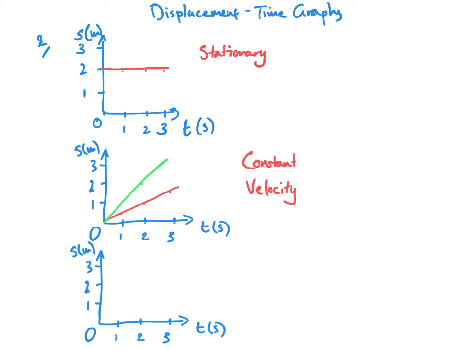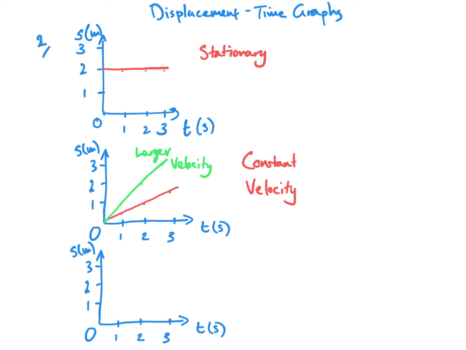Then that's also a constant velocity, but it's a larger velocity compared to the red one. So the red one, remember, was going 0.5 meters every second. The green one's going 1 meter every second. So it shows a larger velocity.